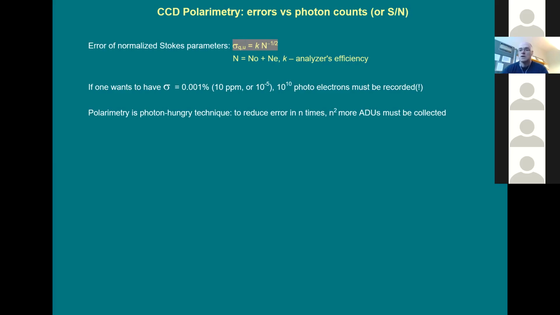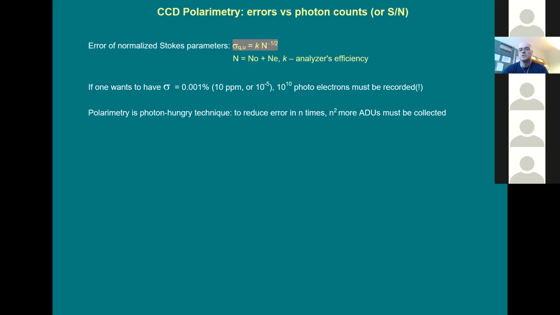So what does it mean? It means that this formula puts a very strict limit on the accuracy which is attainable for any given polarimeter. In practice, you may have a larger error than this one, but not smaller. That means that if one wants to have an accuracy, the sigma, at the level of 0.001% or 10 to minus 5, 10 to 10 photoelectrons must be recorded per single polarimetry measurement cycle.